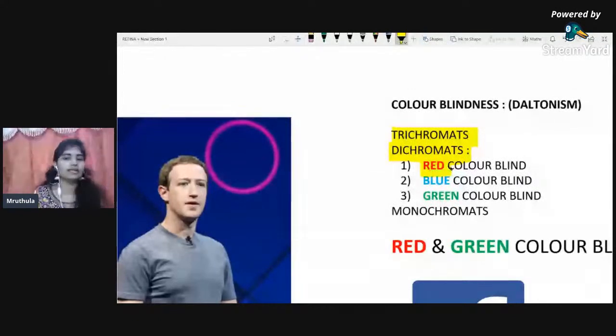Based on that, we can divide dichromats into three groups of people. One is red color blind people. That is, they cannot appreciate red color or any shades of red color. Which means, in a red colorblind person, what are the two cones which are normal?